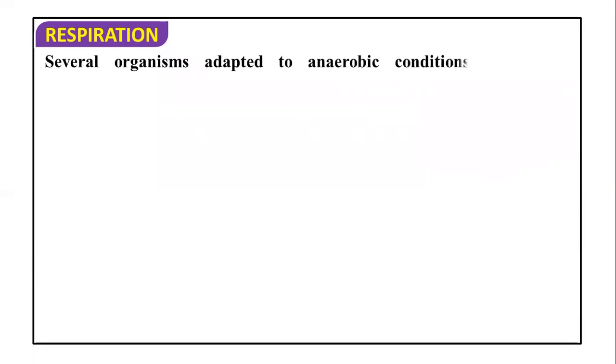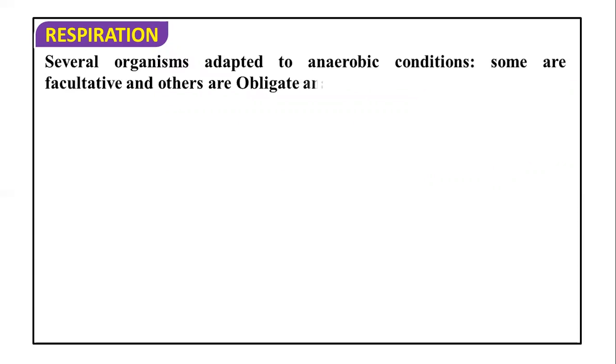Several organisms are adapted to anaerobic conditions. Some are facultative and others are obligate anaerobes. Some survive without oxygen at all; in the presence of oxygen, they die. Those are obligate anaerobes. Facultative anaerobes can survive in the absence of oxygen, but usually they are aerobic.